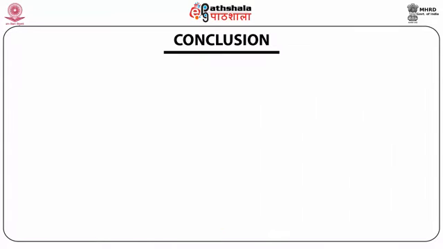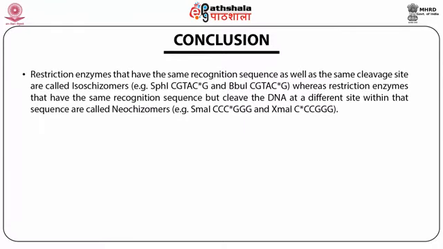In the end, I just want to explain what these special restriction enzymes are doing. Restriction enzymes that have the same recognition sequence as well as the same cleavage sites are called isoschizomers, for example SphI and BbuI.